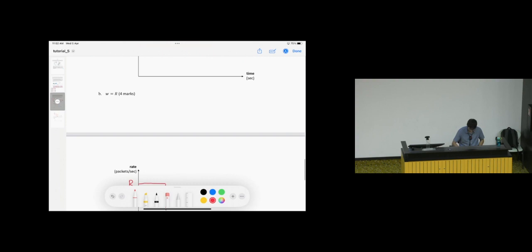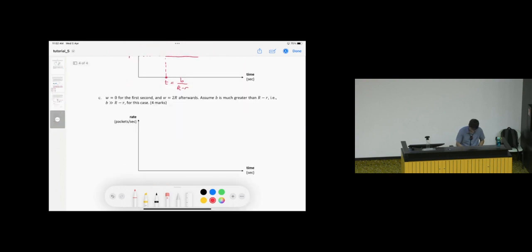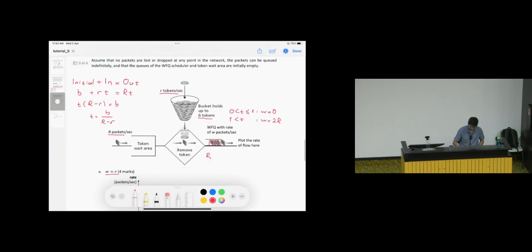Well, the identity here tells me that B is sufficiently large. So I can assume that there will be enough tokens for all of these packets. So at the end of t equals 1, I will have R packets all accumulating here. There will be enough tokens.